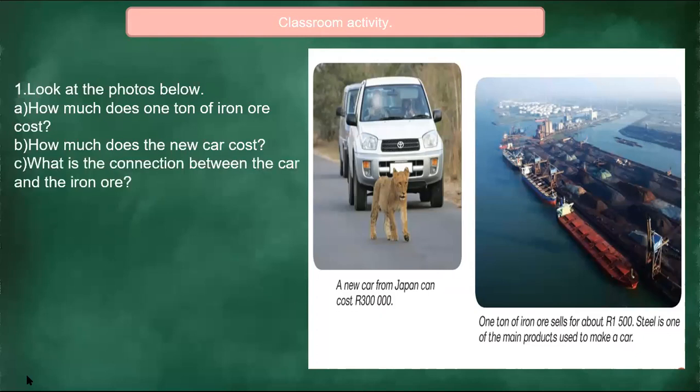What is the connection between the car and the iron ore? You tell me what the connection is. Mr. Malinga: The connection is that a car is mainly made out of steel.